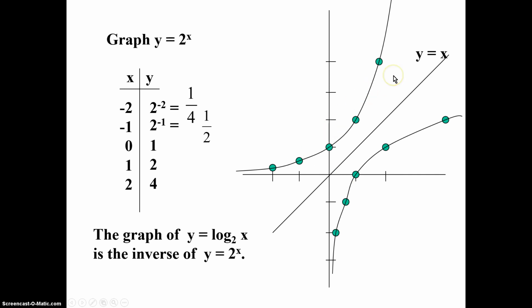Do you remember we went over that a couple of months ago when we were studying inverses? If you were to take this graph here and reflect it about this line, in other words, flip it, it would place itself right on this equation right here. When it has symmetry about the line y equals x, that means that they are inverses of one another. So the graph of y equals log of x base 2 is indeed the inverse of y equals 2 to the x.